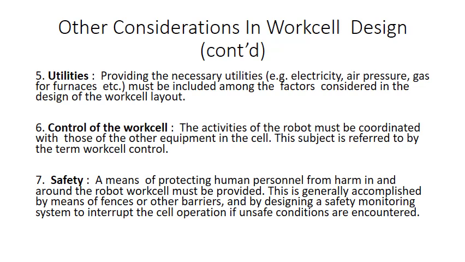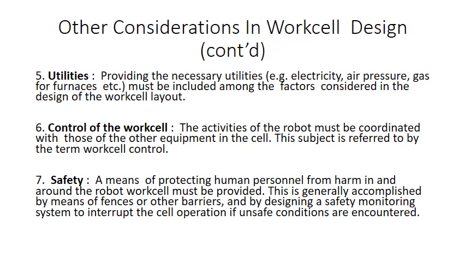Five, utilities. Providing the necessary utilities, for example electricity, air pressure, gas for furnaces, etc., must be included among the factors considered in the design of the work cell layout. Six, control of the work cell. The activities of the robot must be coordinated with those of the other equipment in the cell.